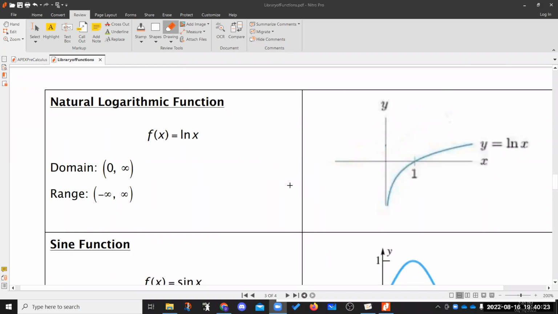Though every y equals log base b of x looks similar, the main difference is going to be in the characteristic points out here, where this one is going to have y equals 1 at e and y equals -1 at 1 over e.